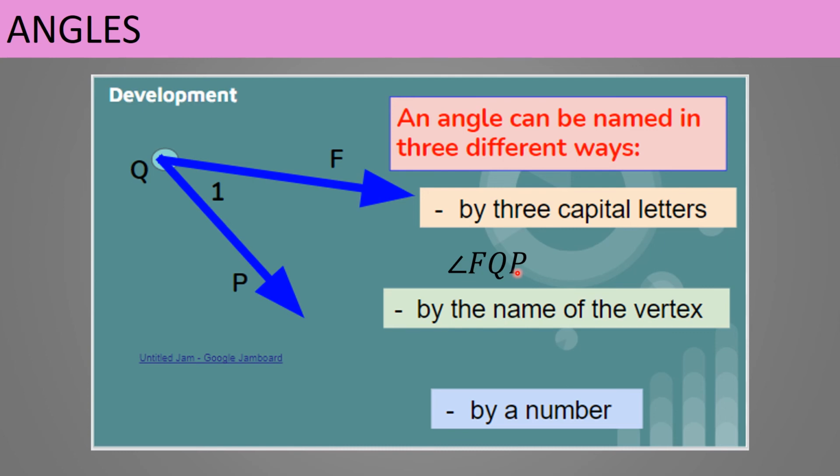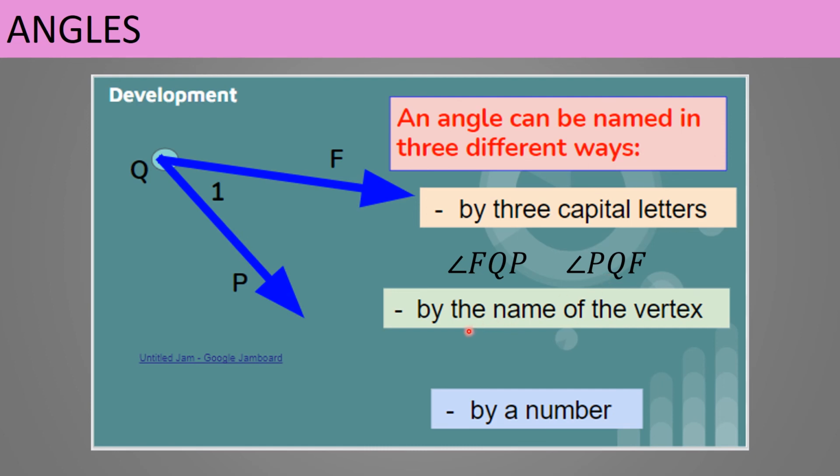So take note that Q is the letter corresponding to the vertex of the angle. That's why we will write it in the middle. Or vice versa, the other way around, we can name it as angle PQF. Q will always be written in the middle because that's the letter that corresponds to the vertex of the given angle.